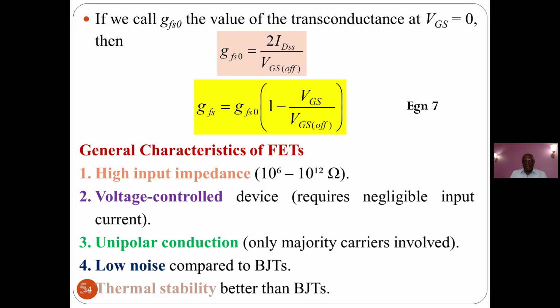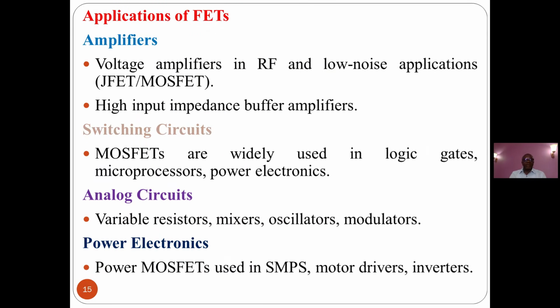Unlike the BJTs, when there is thermal excitation, more electrons and holes movement will take place, and the system may no longer give exactly what it's supposed to give. So thermal stability is a very good characteristic of field effect transistors.